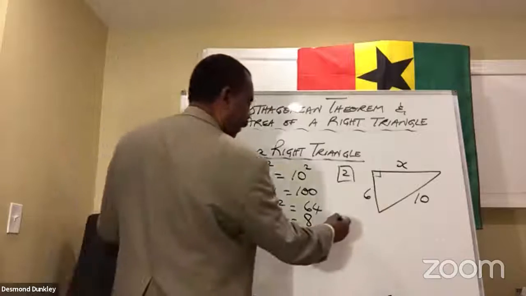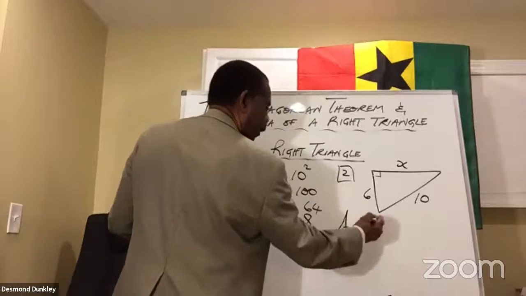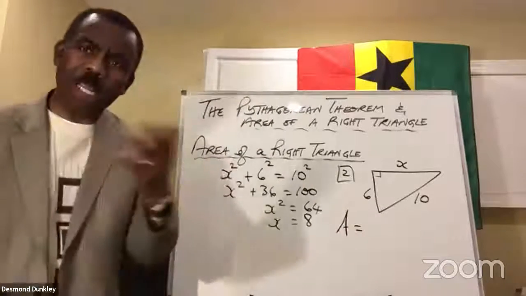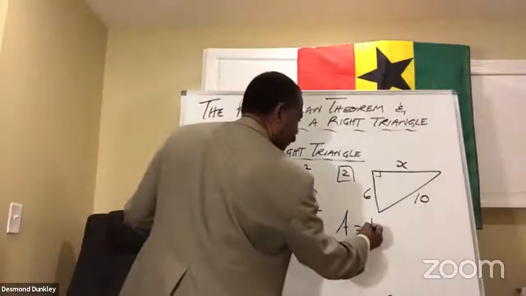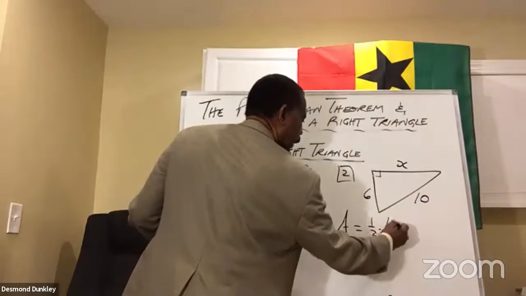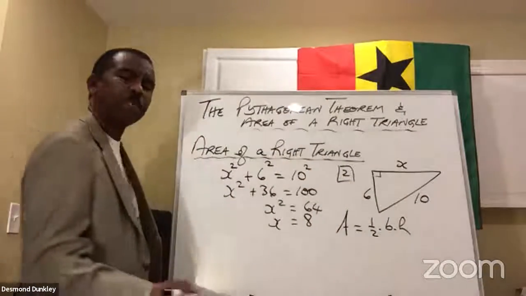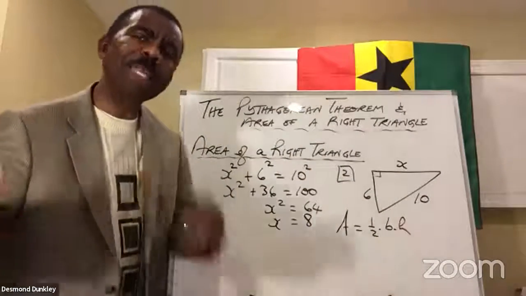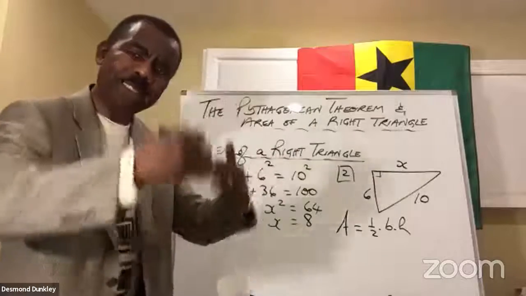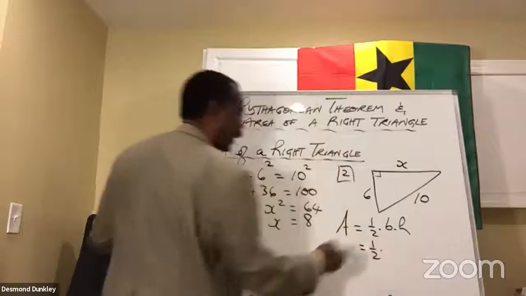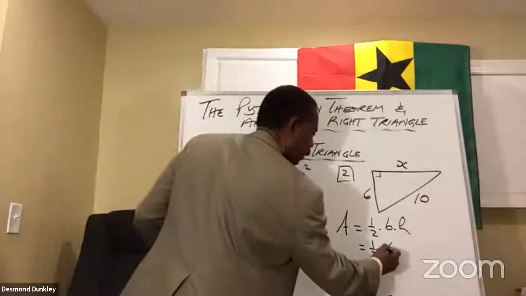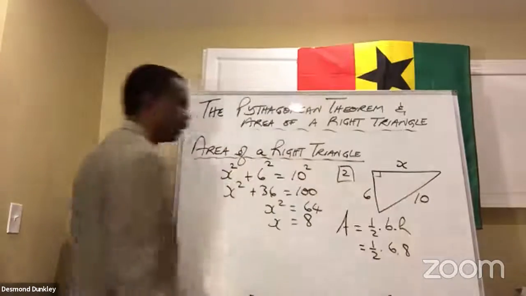Okay? So now we can find the area. And we're going to use A for area. A is equal to 1/2 base times height. It's always good to quote the formula, then plug in your numbers, then simplify. So this is going to be equal to 1/2 times 6 times 8.